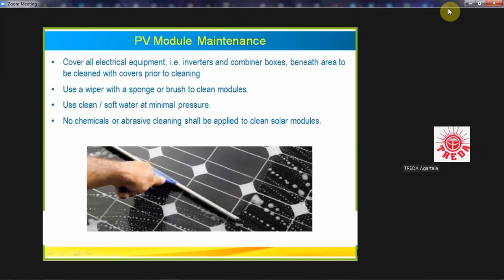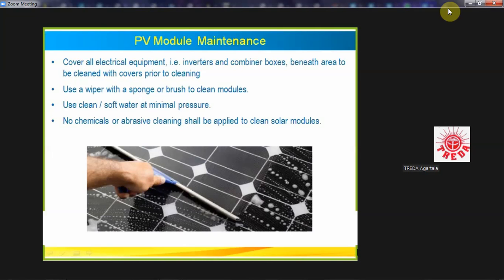How to maintain the PV module. You see, there are some rules and regulations regarding the maintenance of PV module. One most important regulation is that wherever you clean the top surface of the module, the best way is to wash or clean the module during the absence of sun, in the early morning or in the evening.